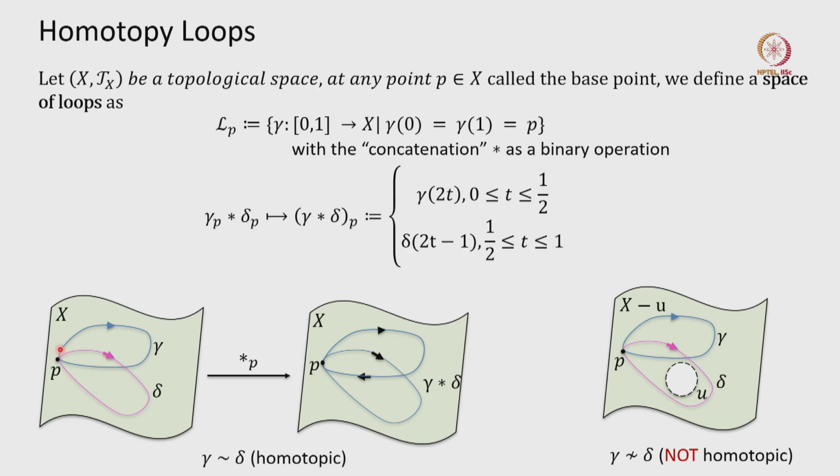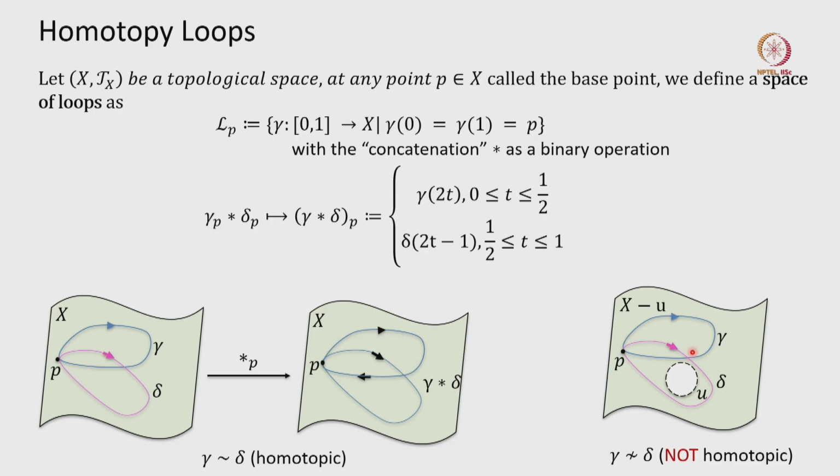So, that means you can squeeze this loop into a point by continuously deforming it. The same thing you can do, and in fact you can go around twice and get a bigger loop, and that loop is the same as having one loop because continuously you can deform. Okay, so that is what we are talking about.